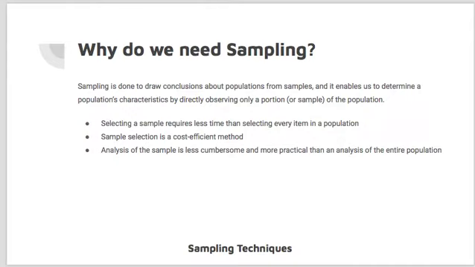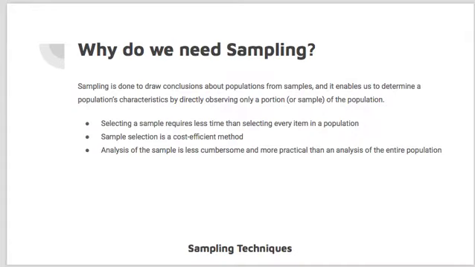So why do we need sampling? This will give a point regarding the question. Sampling is done to draw conclusions about populations from samples. As I said, the characteristics of a sample definitely reflect the characteristics of a population. For example, the boys sample that you have taken is going to reflect the boys population's characteristics, and it enables us to determine a population's characteristics by directly observing only a portion, or sample, of the population.